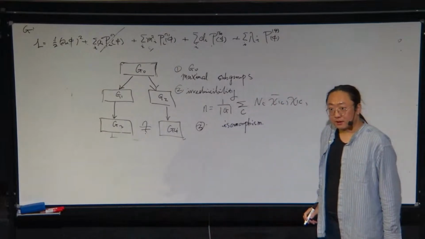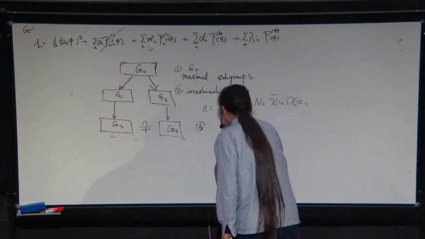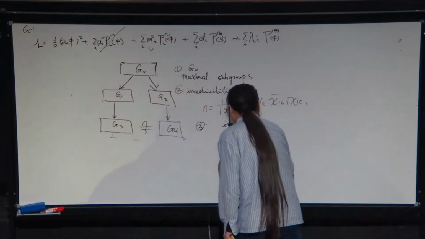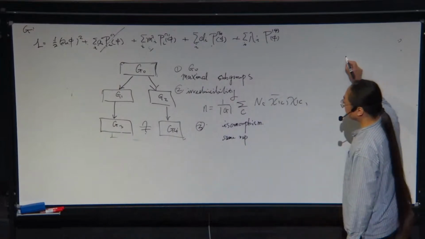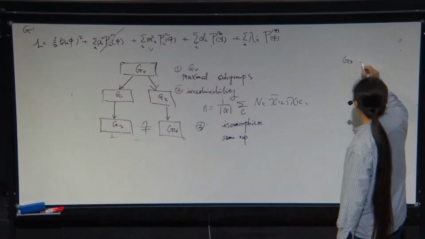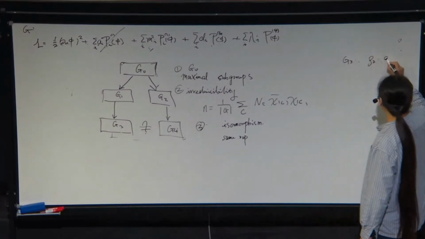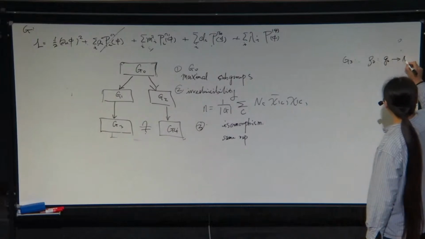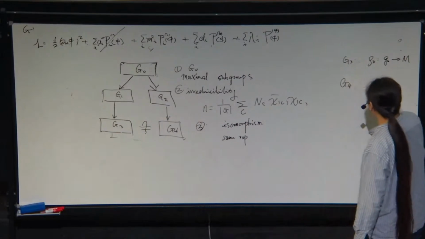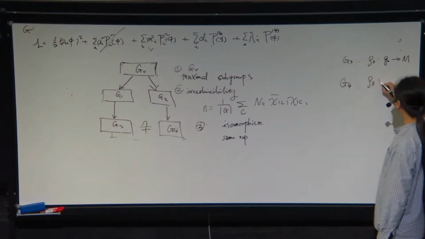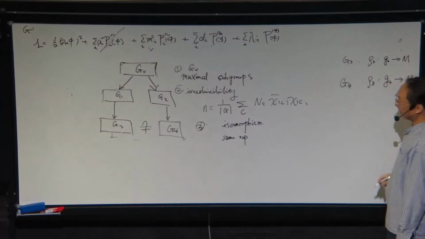The second step is that you want to check whether they are the same representation or not. Okay, let me draw some graph. Let's see, G3, and I have a representation which is rho 3, which goes from the elements into a matrix. I have another group which is G4. I'll call the representation rho 4, which is a map from G4 to some matrices.